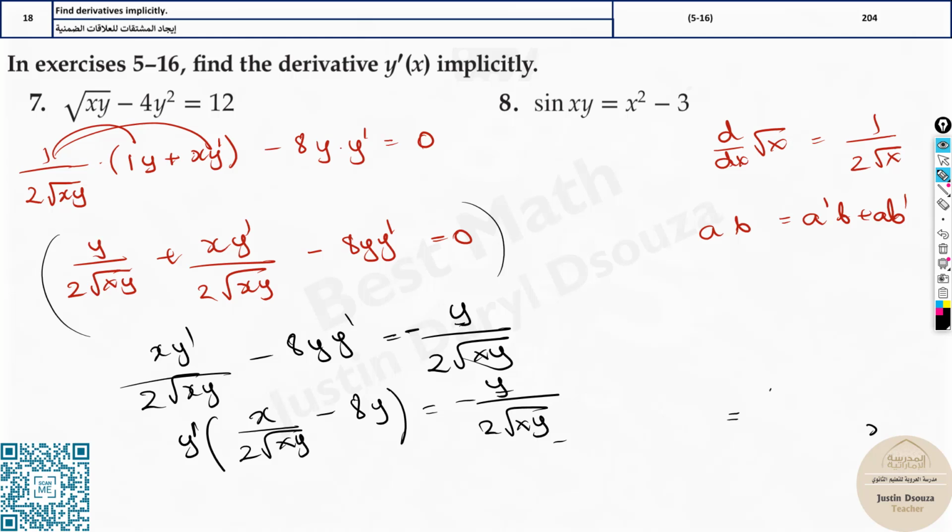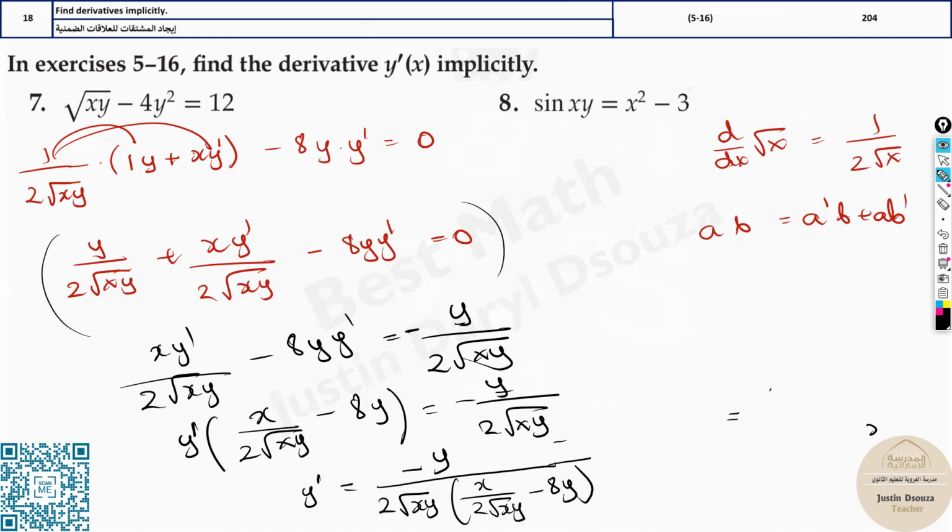Now you can take this entire term to the denominator, but you can see it looks very shabby, isn't it? It will be y prime equal to negative y in the numerator, and the denominator will be this 2 square root xy multiplied by x divided by 2 square root xy minus 8y. I hope this is clear.